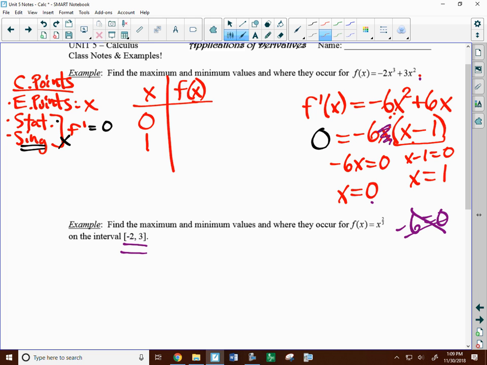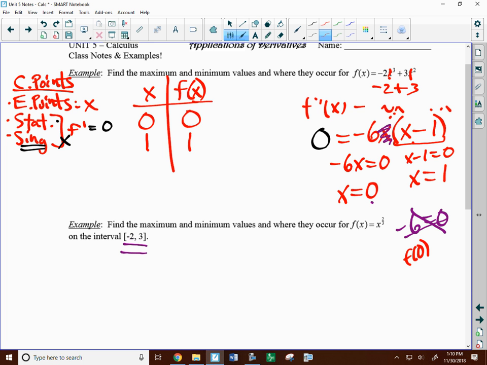So I plug it into the original function. I'll start with 0. I'm plugging 0 in. I'm doing f of 0. Well, I'll get 0, right? 0 cubed times 0 times -2, 0. 0 for the second one. Then I plug in 1. 1 cubed is 1 times -2 is -2. 1 squared is 1 times 3 is 3. So we get 1.